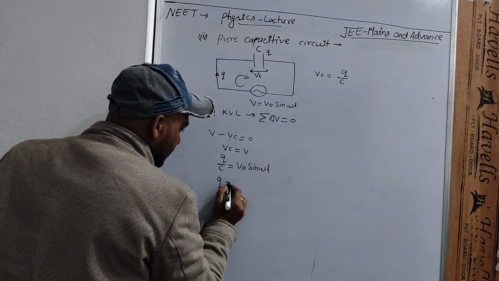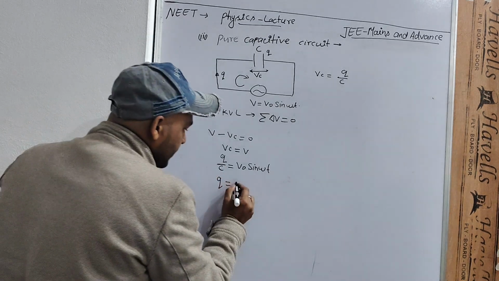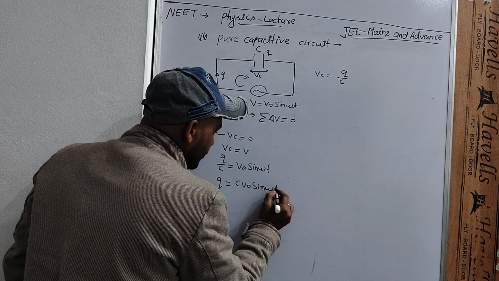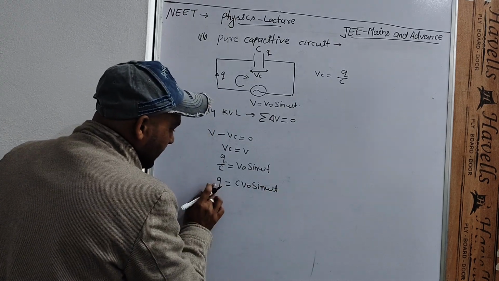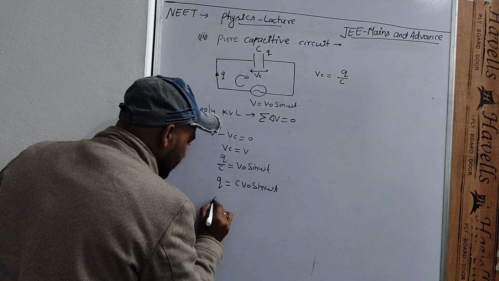Then we have to find here the value of Q, which is the instantaneous charge, as CV naught sine omega t.